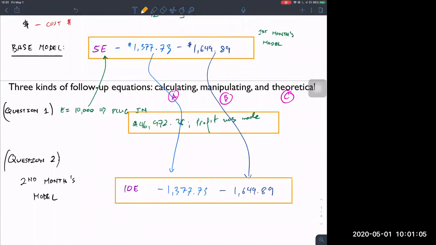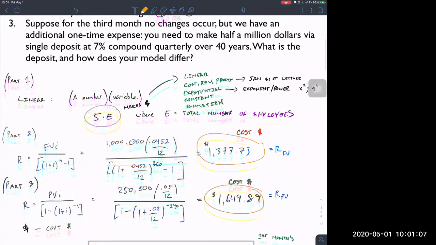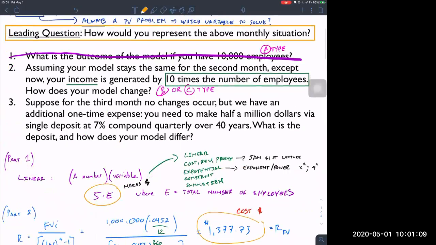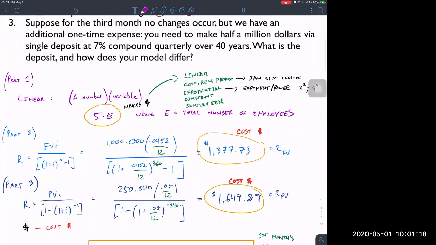All right, now for the third question, so we're done here, so you can cross this out now. That's done. Okay, now for the third question right there, it says, suppose for the third month, no changes occur, right?